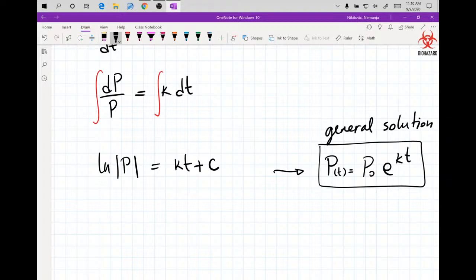And the reason why it's called the general solution is because this constant c is still unknown. That constant c became p0. We know conceptually, for this particular word problem of population, that p0 is the initial population.